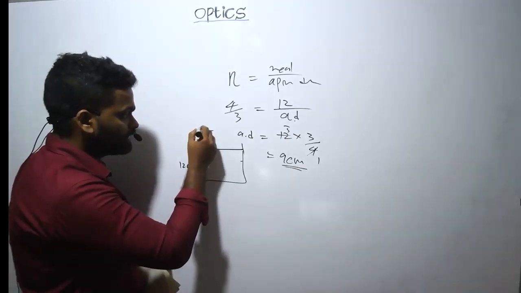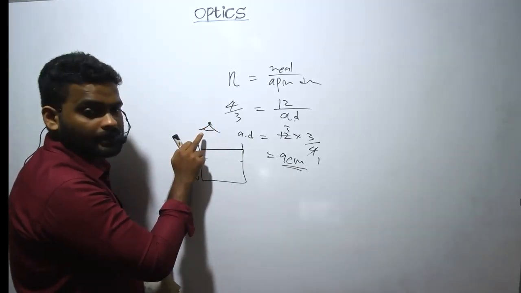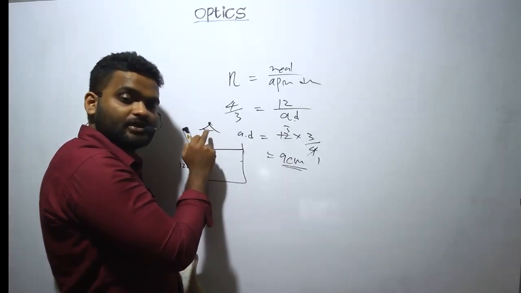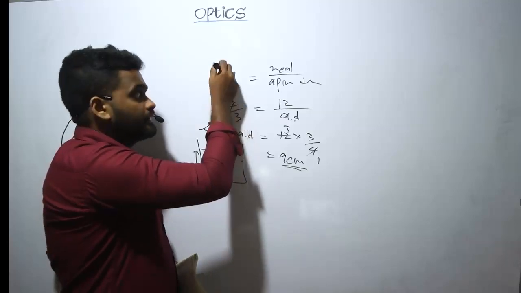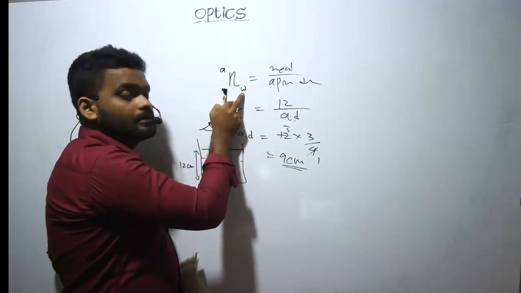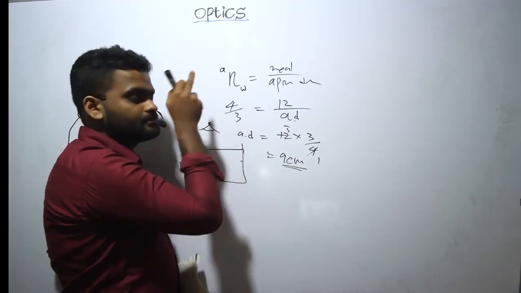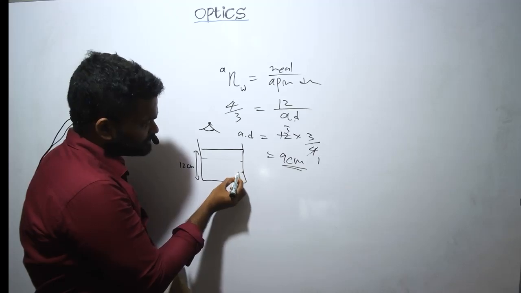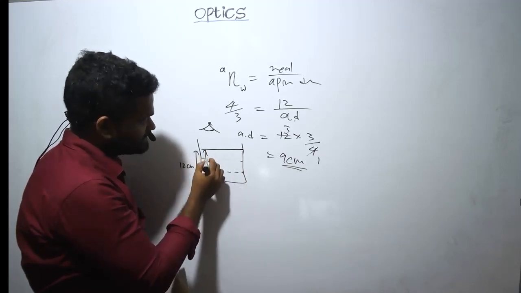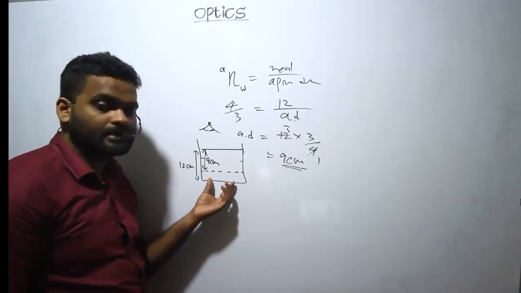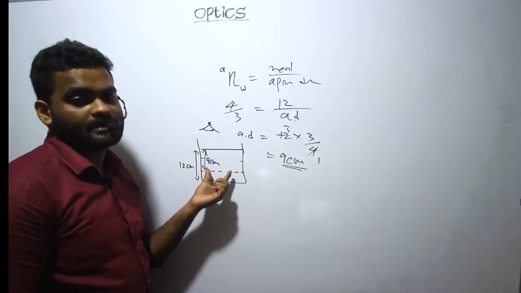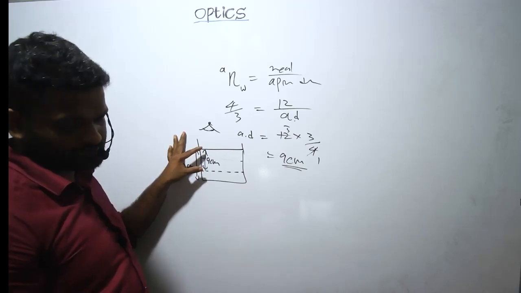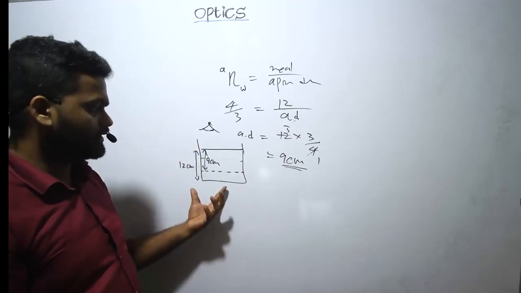You are observing from above, so relative to air, the eye is in air: the refractive index of water relative to air. You look at that, but you see 9 centimeters. Can you see it has shifted 3 centimeters? So the apparent depth is 9 centimeters. Understood? If you want, you can draw this.